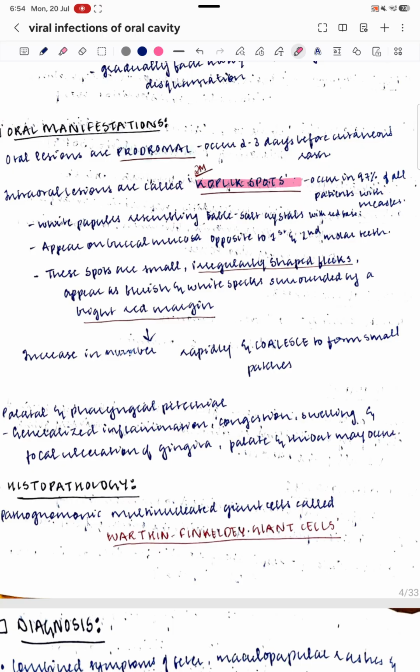They are white papules resembling table salt crystals with a red base. They appear on the buccal mucosa opposite to the first and second molar. These spots are small, irregularly shaped flecks which appear as bluish white specks surrounded by a bright red margin.